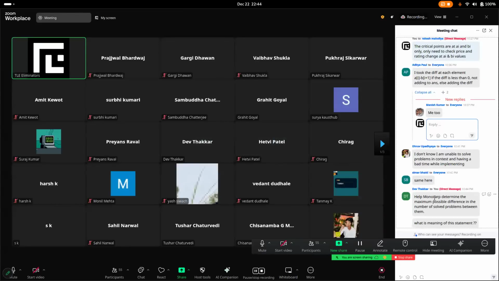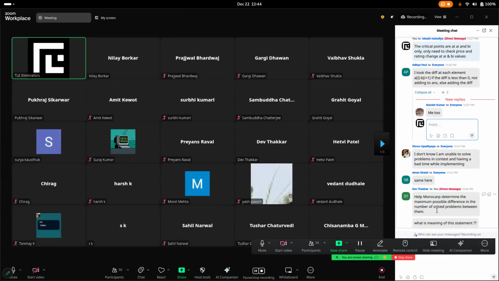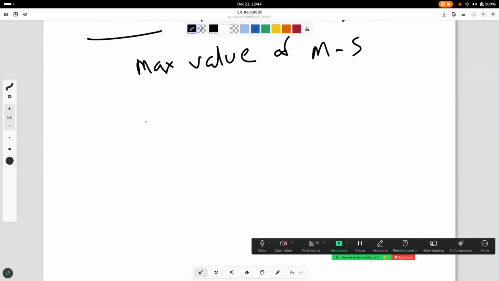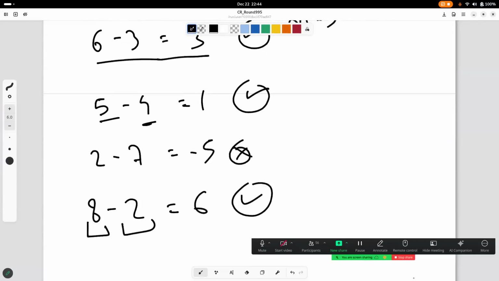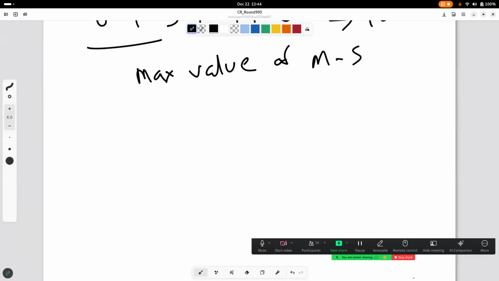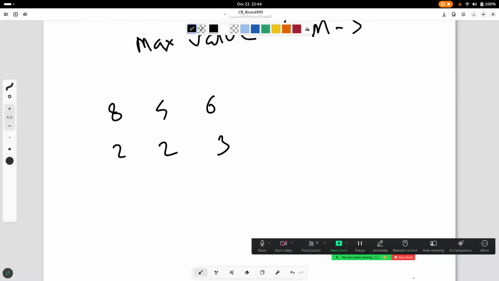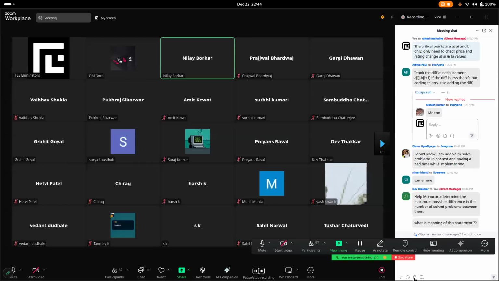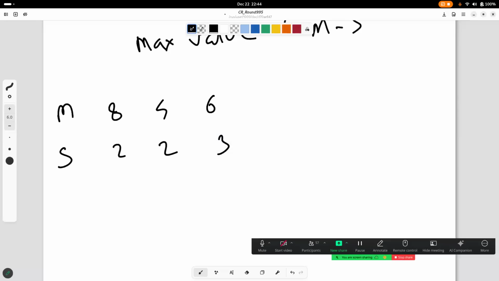Help Monocarp determine the difference between them. What is the meaning of this statement? Well, basically, this statement means that, if we have over here 8, 3, 4, 2, and let's just say that these are our arrays.